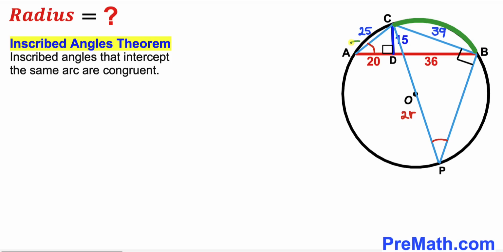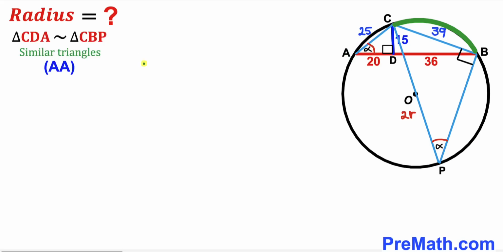So this angle A and this angle P are congruent. If I label this angle as alpha, then this angle has got to be alpha as well. So these two right triangles, triangle CDA and the other right triangle CBP, are similar triangles according to the angle-angle similarity theorem.